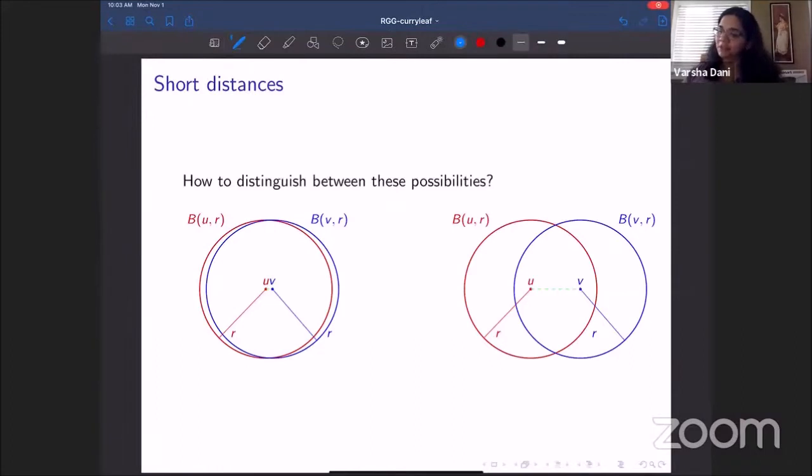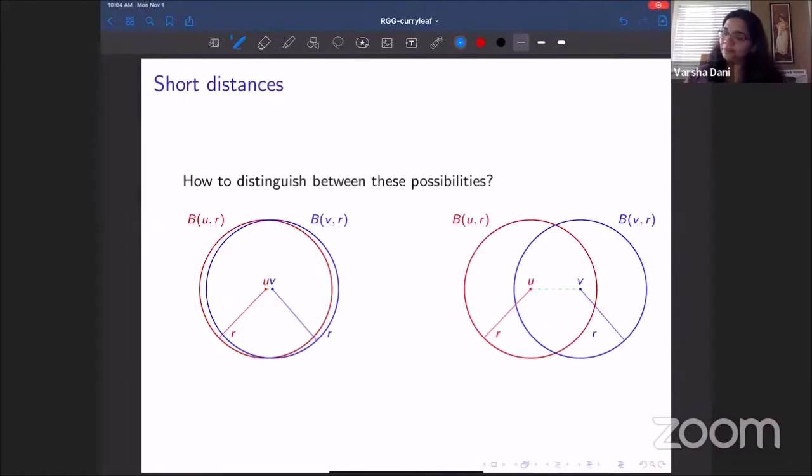If you want to distinguish them, here u and v are really, really close, and here u and v are not so close but still within r. Well, if you just say the Euclidean distance is an approximation of the distance, then you're going to do pretty badly, because both of these just look like they're at distance r, where in fact they're not, right? So how can you distinguish between these two possibilities?